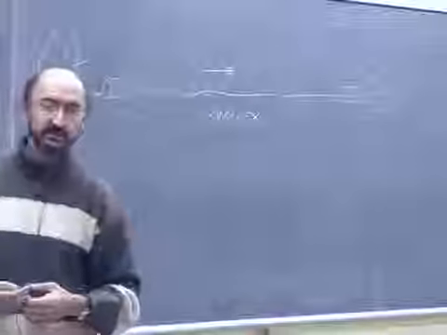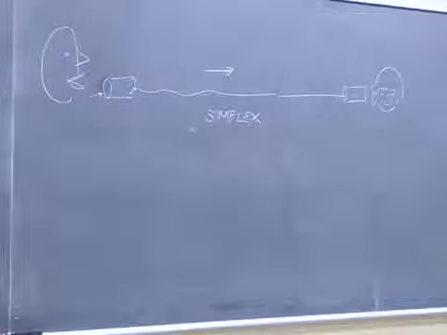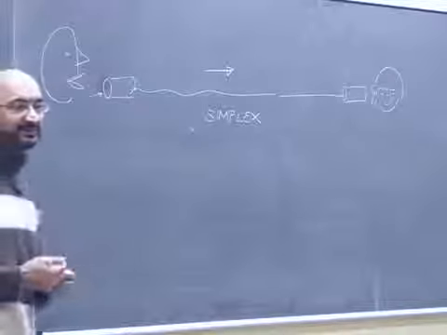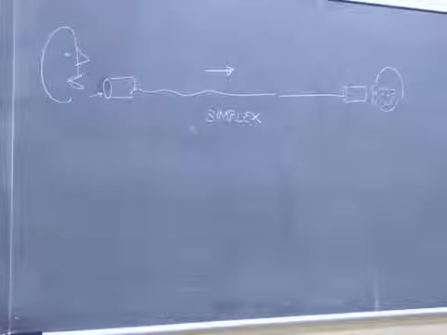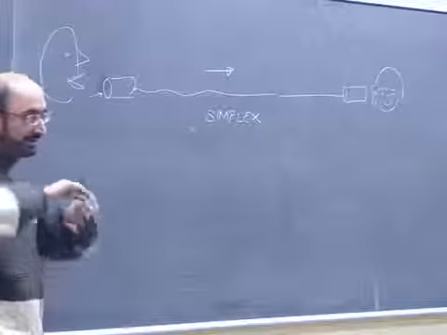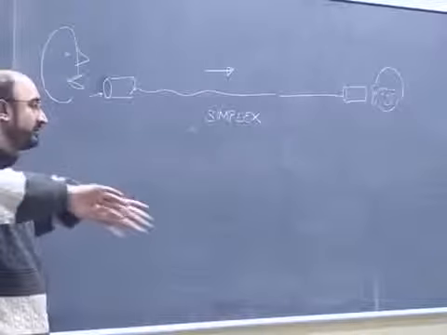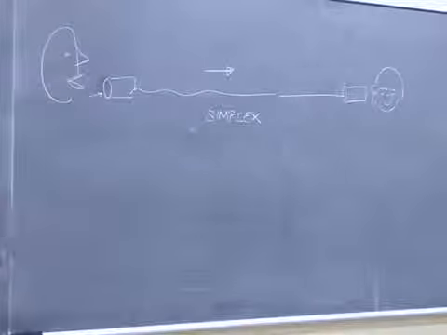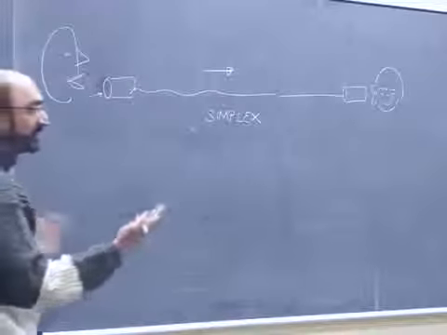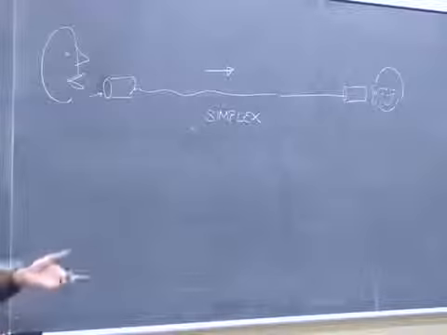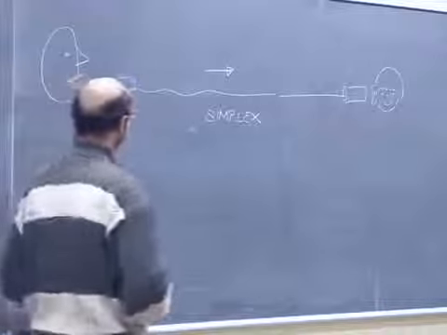That's the term that we use. Here's an example of another simplex channel: radio broadcast, right? You turn on your TV or radio, and the TV tower is going to send out information, but you can't send it back. You can only hear what they're broadcasting. You can shout back at your TV, but they won't hear you. That's a simplex channel.